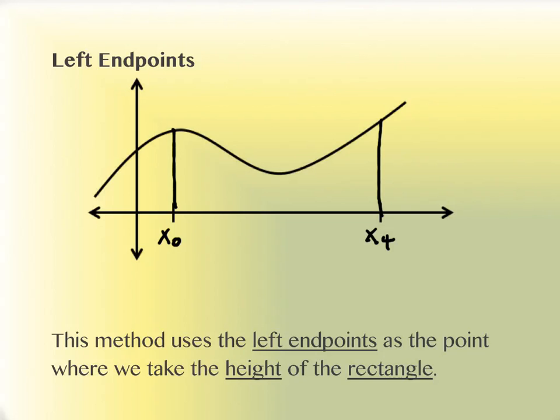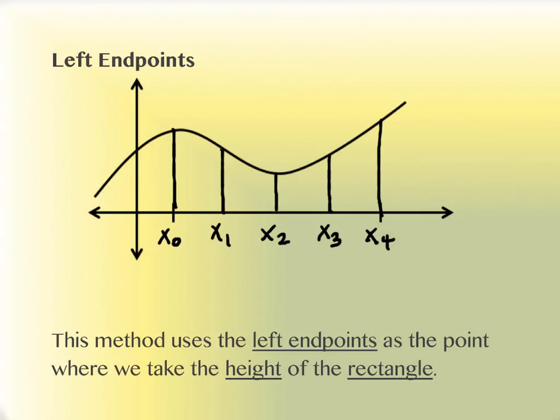It'll be clearer. And we're going to make 4 rectangles. Again, there's nothing special about the number 4. So these would be x1 and x2 and x3 in the middle.